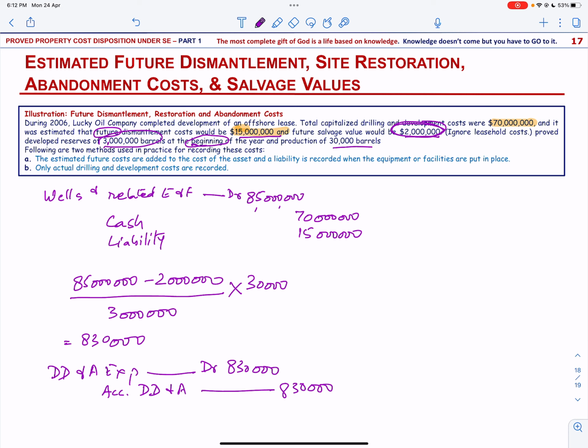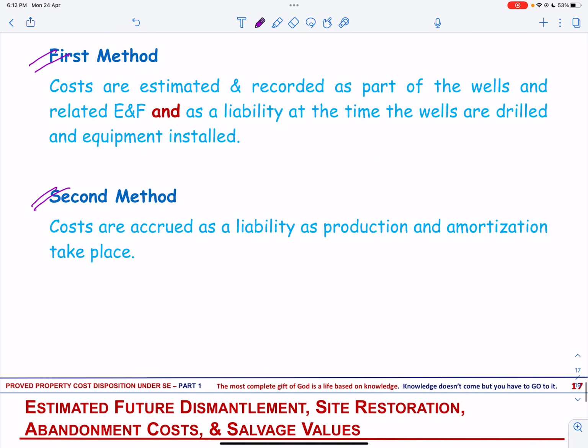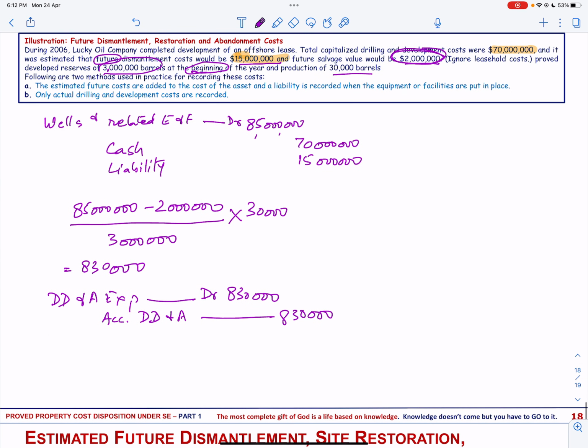Next, we go for the second method, that is costs are accrued as a liability as production and amortization takes place. So in this second method, we assume that only actual drilling and development cost is going to be recorded, and let us see how we do that.